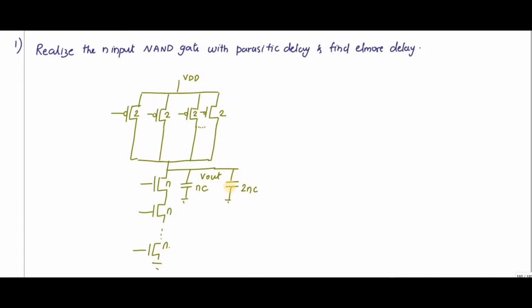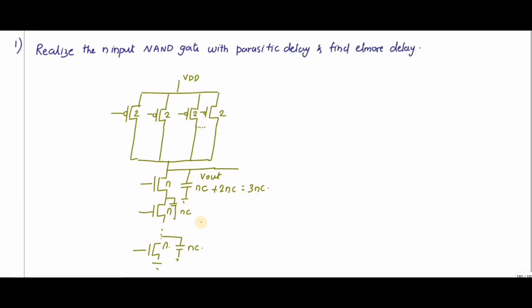Since these two capacitances are connected in parallel, the output becomes nC plus 2nC, which is 3nC. For the others it is nC.